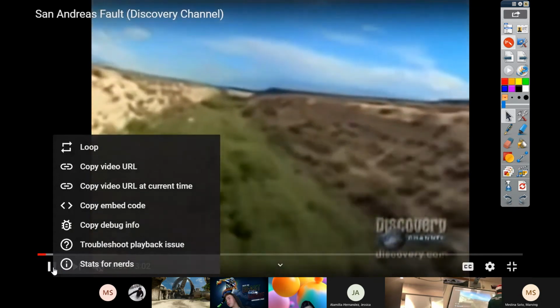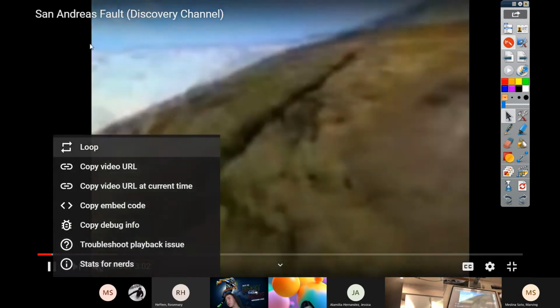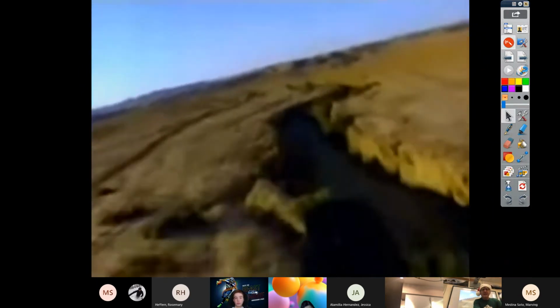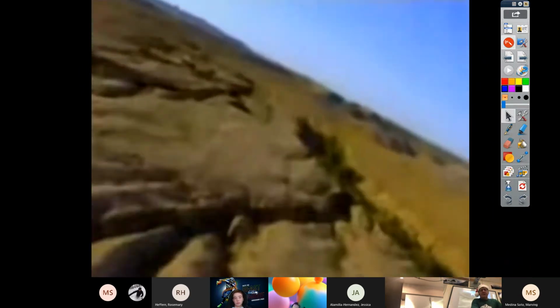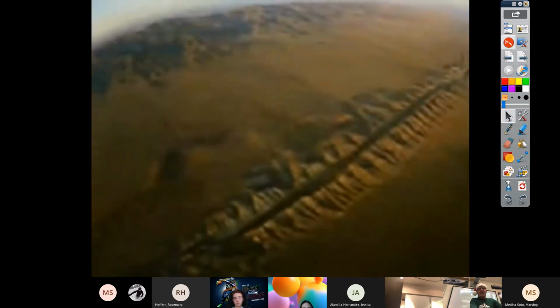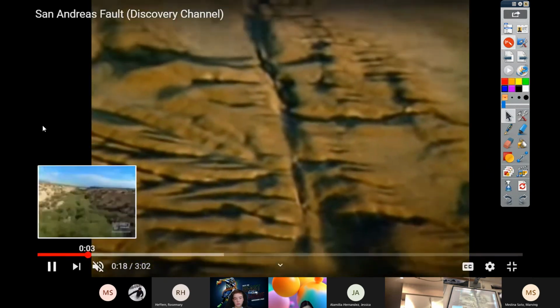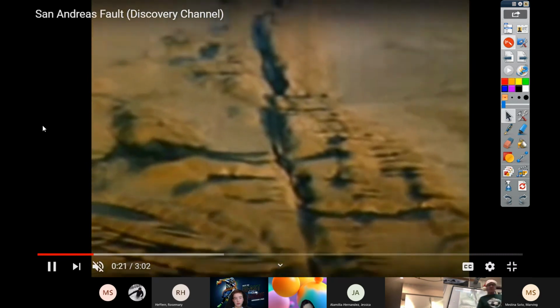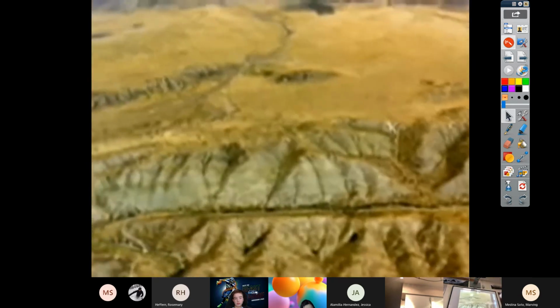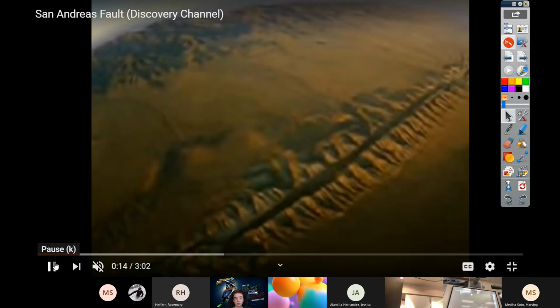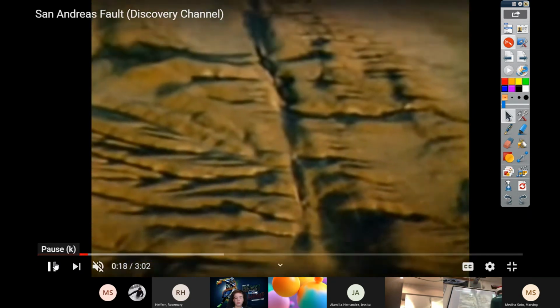So here we are flying along, and we can see this crack in the landscape. And if you look to the left and to the right, you could see places where features have been broken apart. All of this kind of ragged zone is where the land has been dragged past itself.